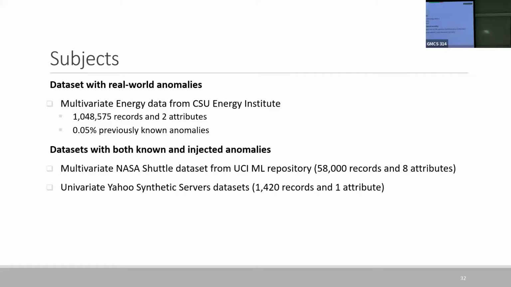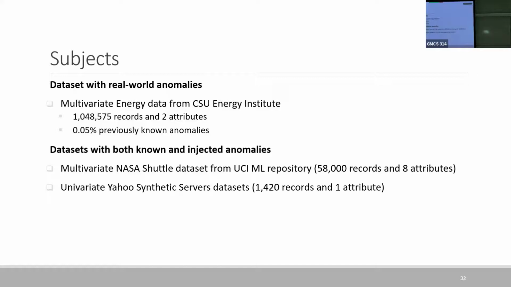So we use that prior knowledge to evaluate our approach to see how many of those invalid data our approach can detect. We also detect both known anomalies and some injected anomalies in the data. By injected, I mean we use a mutation analysis technique to inject some faults into the data and see how many of those faults our approach can detect.